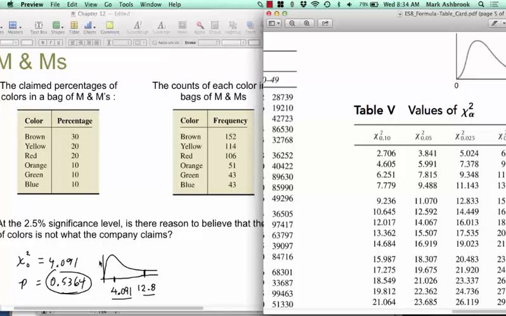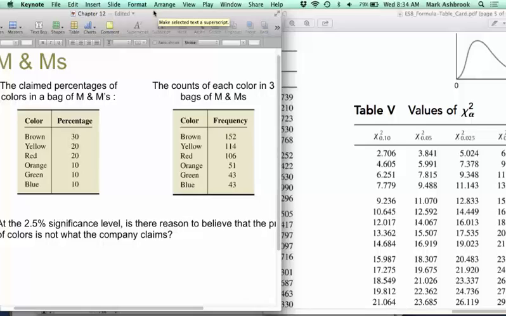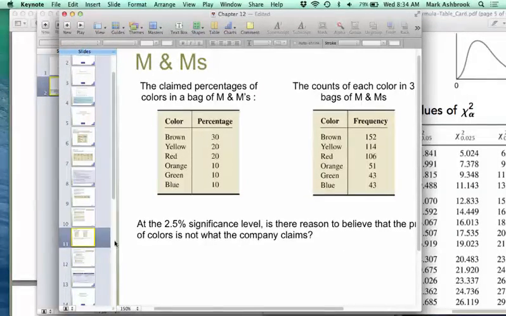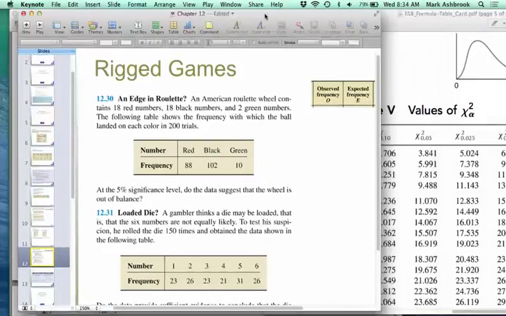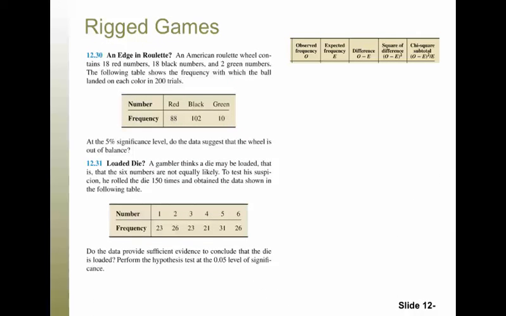All right, so then the last thing is rigged games, okay? So the goodness of fit test is a way of testing rigged games. So for instance, in roulette, there's 3 possible colors you can get. You can get red, black, and green.